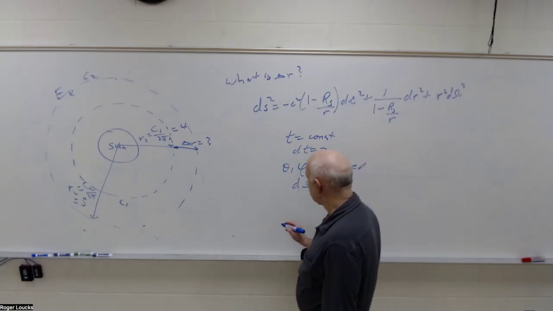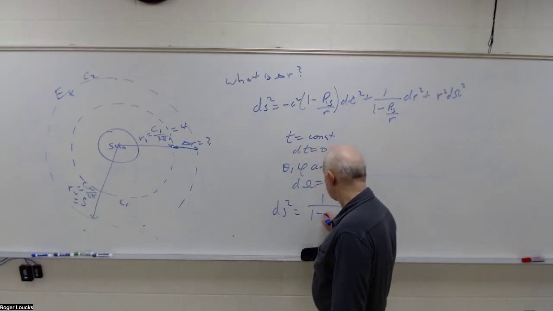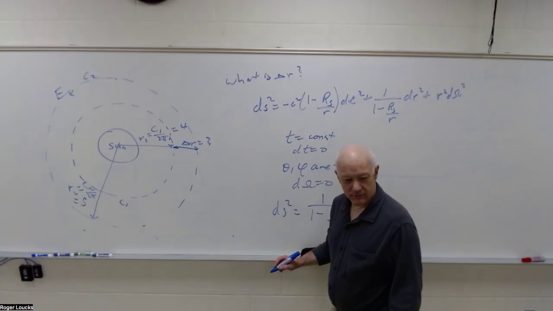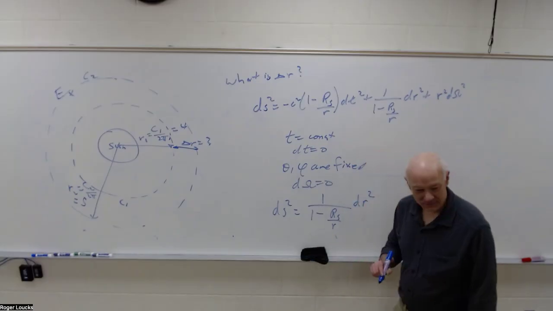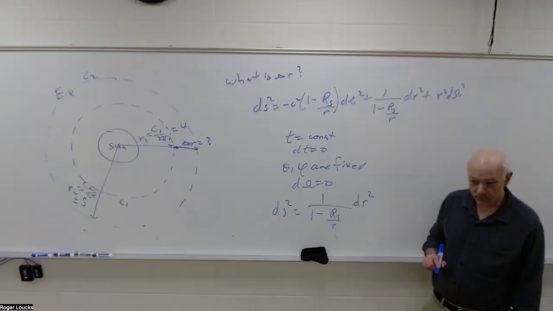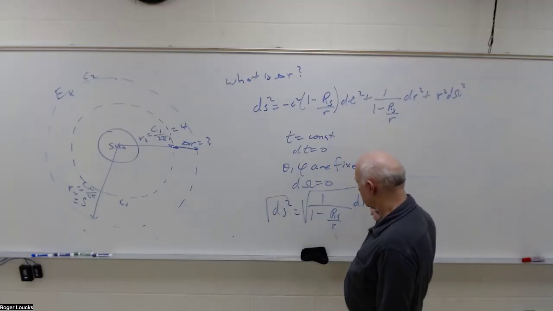So what does that tell me? That tells me that this ds squared equals this guy here. We take the square root of both sides here.